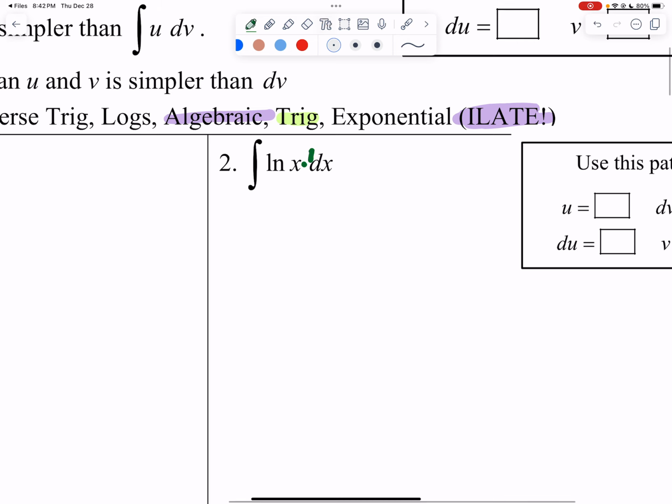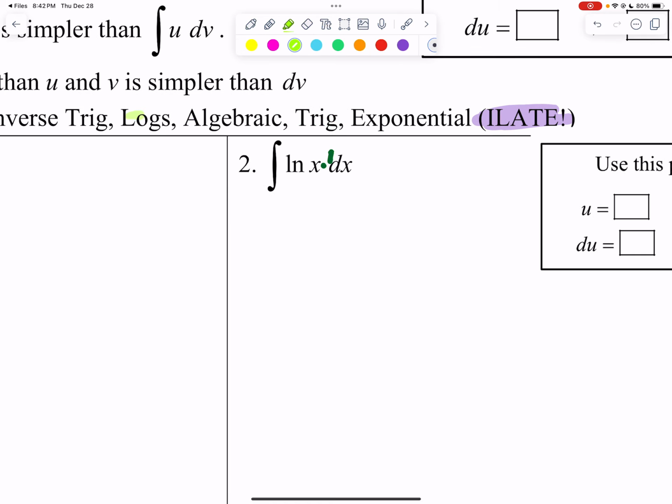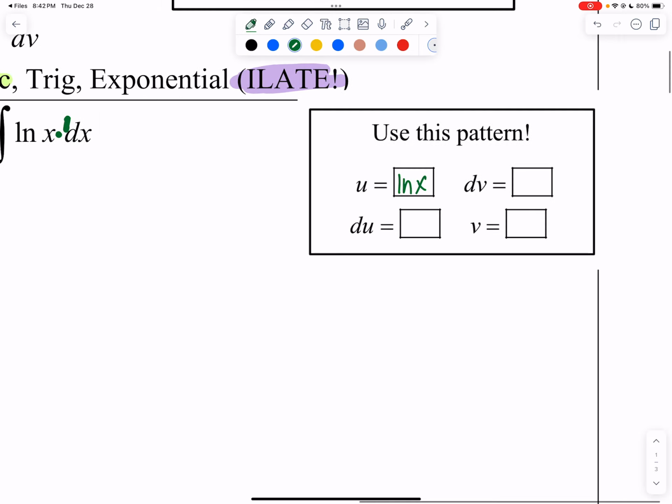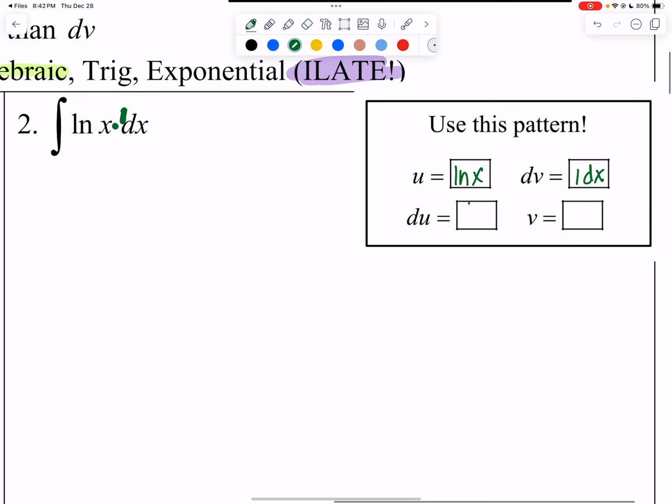And if I were to look at my order, my hierarchy, notice how logs is first, then your algebraic. Since logs is first, I'm going to have u to be, oops, not 1, ln of x. And then I'm going to have dv to be 1 dx, my leftover. du is going to be 1 over x dx, and then the integral of 1 is just x, which is pretty.